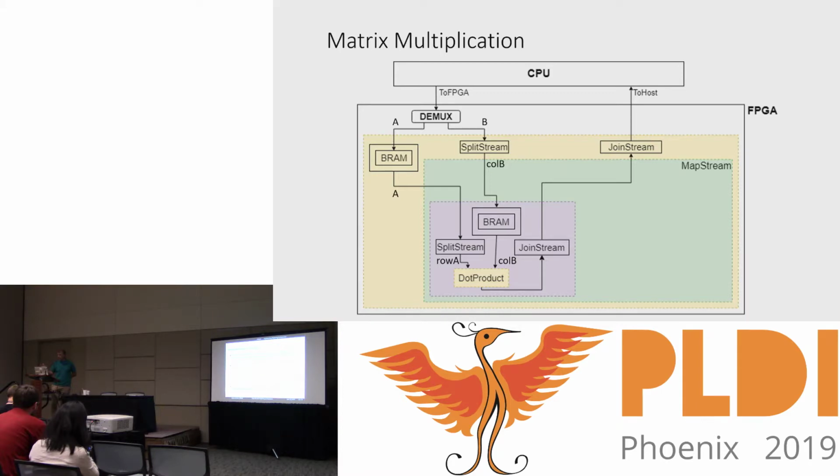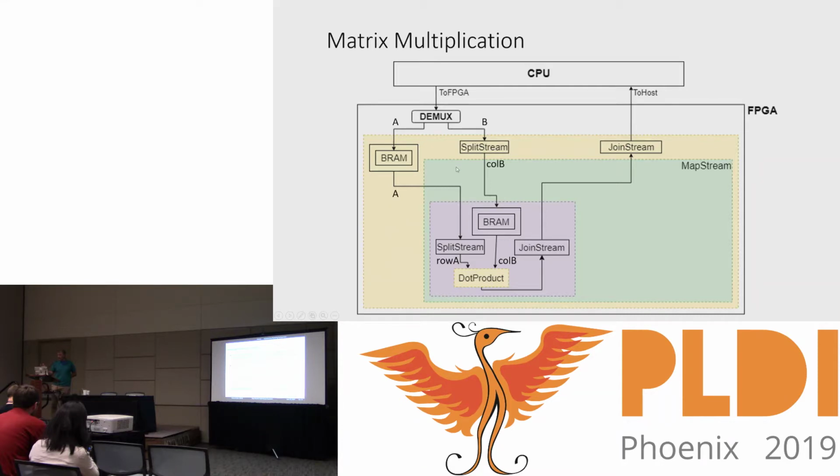So if we follow through the example, the A matrix, the first input, is first streamed onto the FPGA and stored in its entirety on the block RAM on the FPGA fabric. So now we have the whole matrix A stored on the FPGA, and then we start sending the second input, but we don't store it, we first split it.